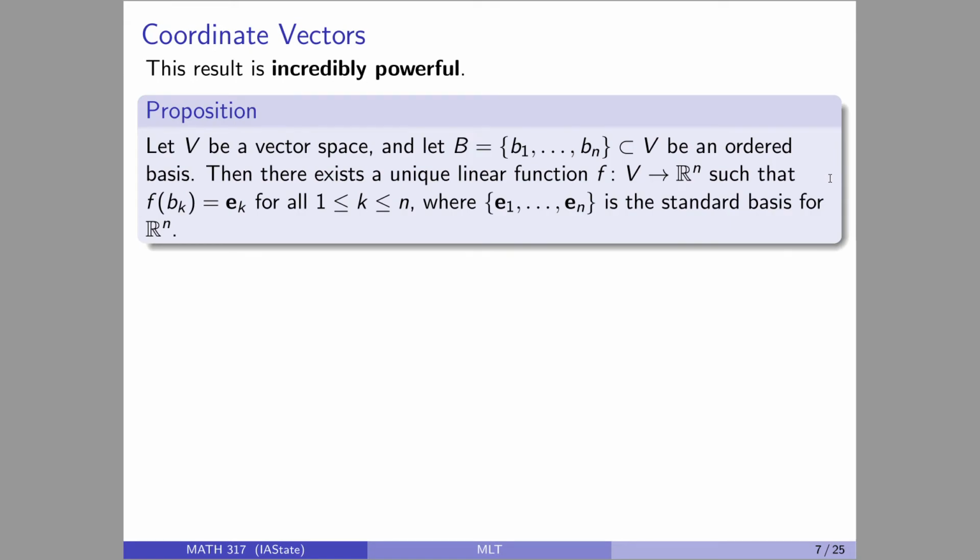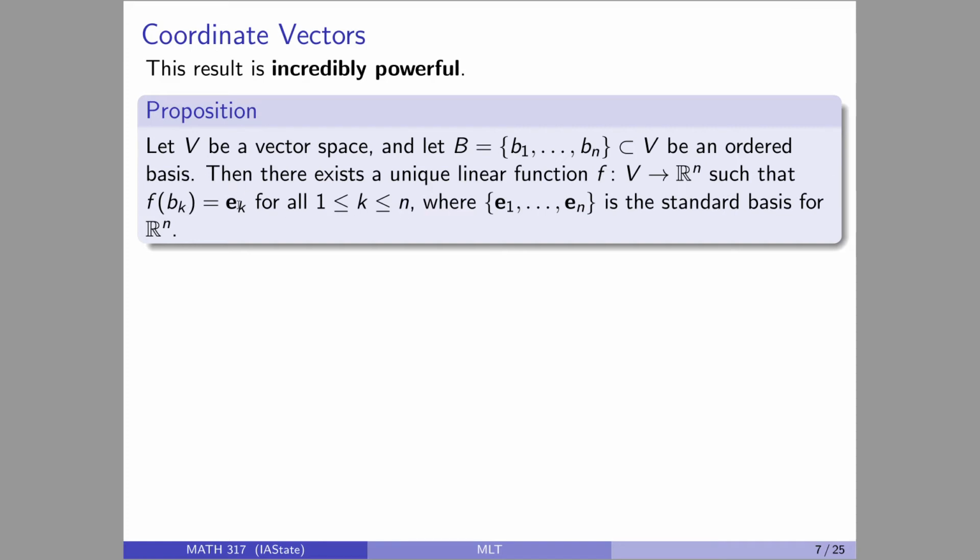So, a quick consequence of this is the following. If I've got a vector space V, and it's got an ordered basis with n elements in it, there's a unique linear function that sends those things to the standard basis, right? So note, as I said, the output of this function can be whatever you want. Just pick n things. So, naturally, when you want to actually invoke this result, you'd be really clever about your choices.